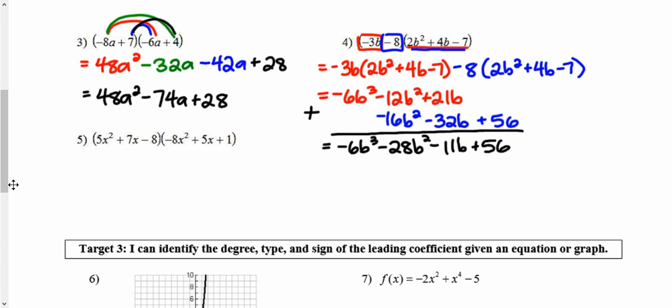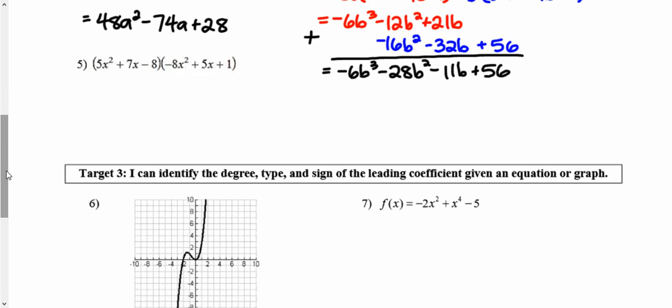And so on number 5, it's just one step further. So now it's 3 times 3. So I'm going to do the same thing. I'm going to start the same way. I'm just going to end up having 3 sets of distribution. So starting by distributing the 5x squared to everything. So 5x squared times everything in the second set of parentheses.